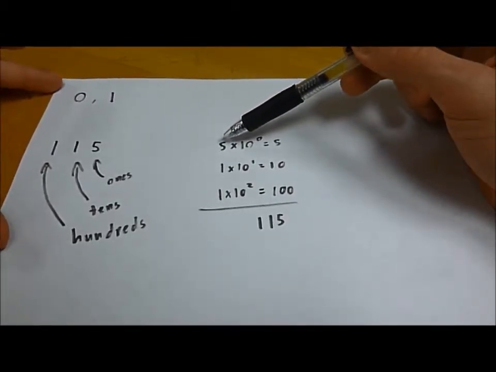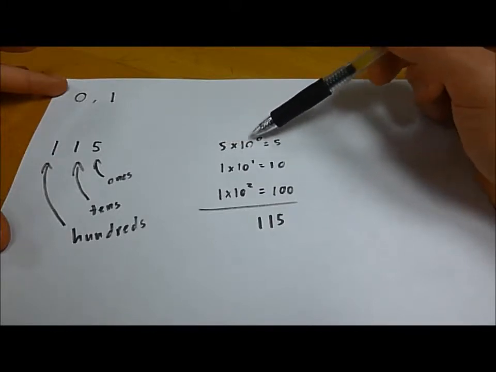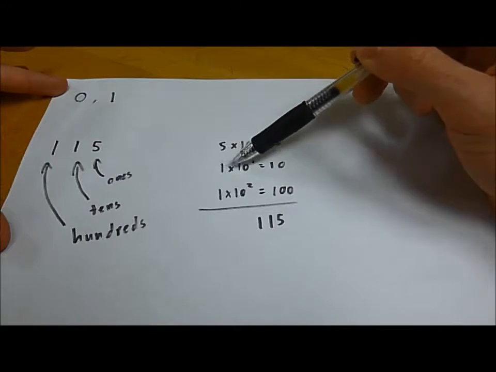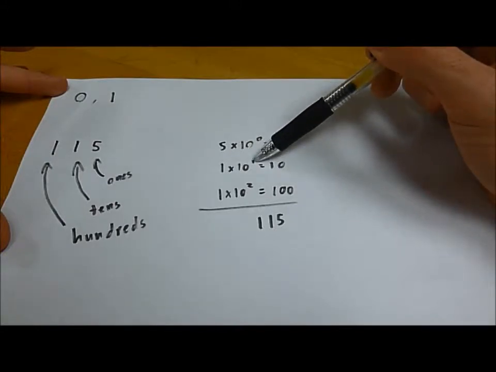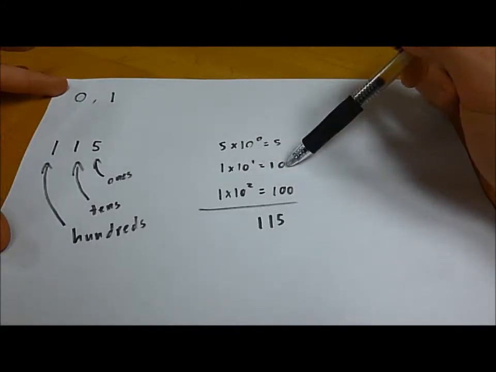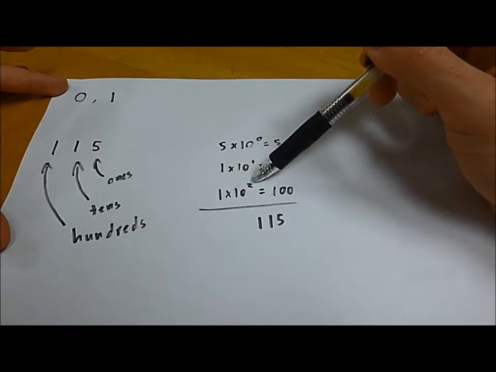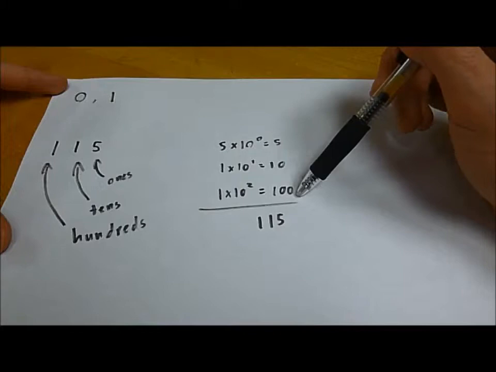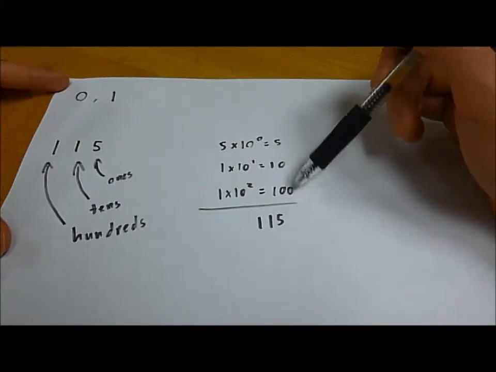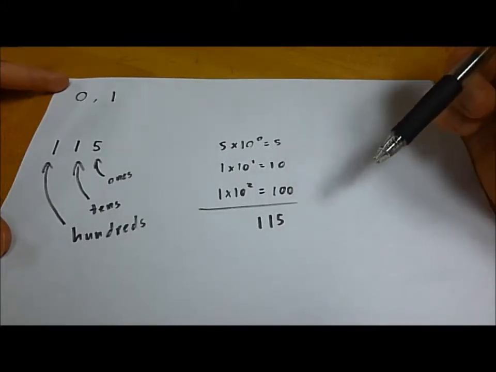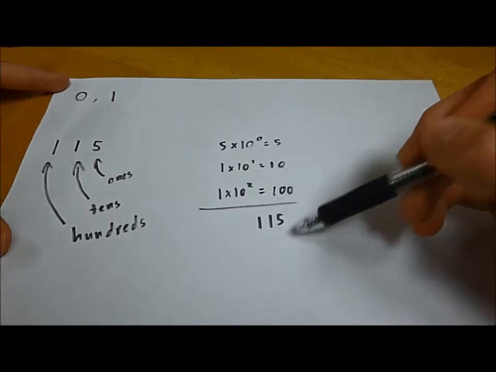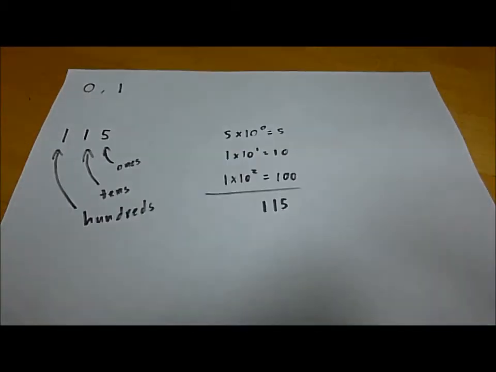We have 5 in the ones place, so it's 5 times 10 to the 0, or 1, is equal to 5. 1 times 10 to the 1 is equal to 10. And 1 times 10 to the 2 is equal to 100. You could do this with any number that you know to figure out what all the spots are. As you can see, we then add up the 3 numbers, and we get 115.